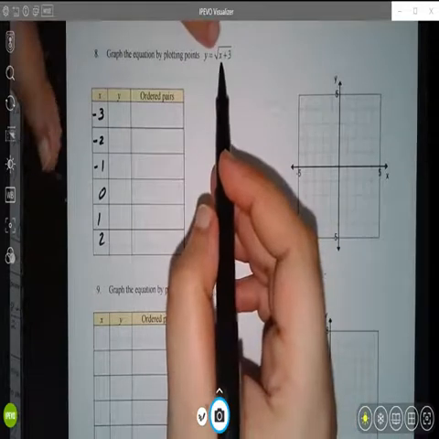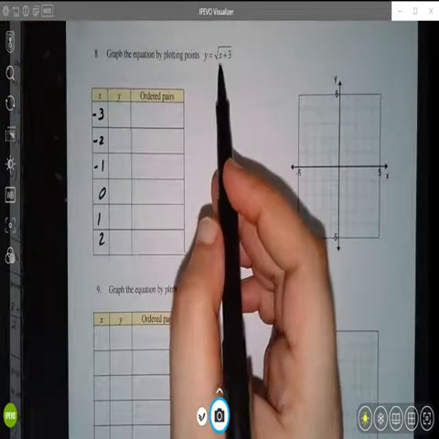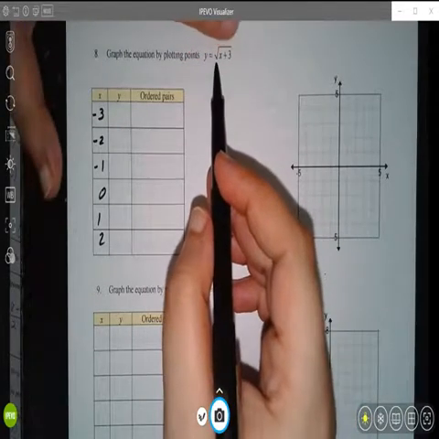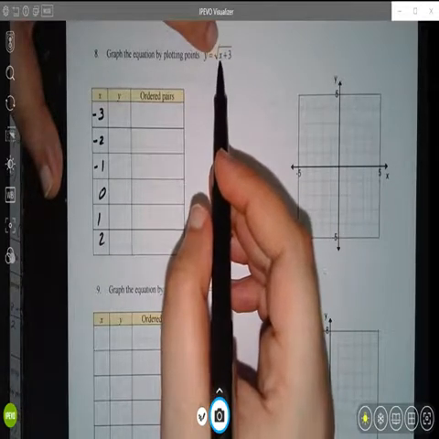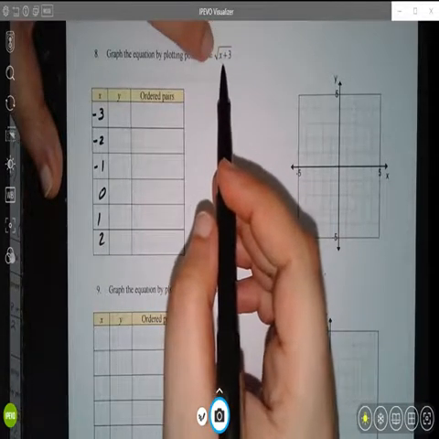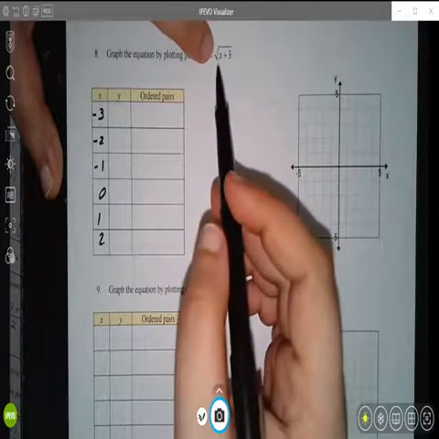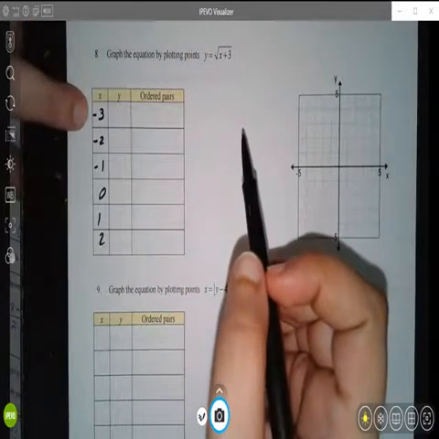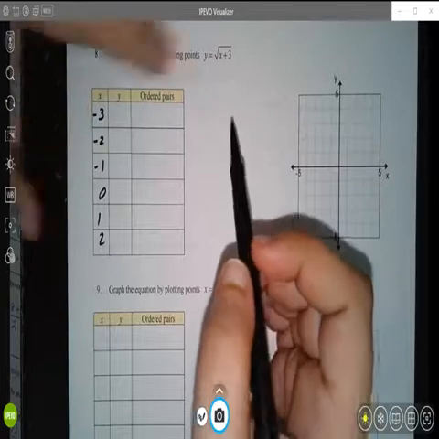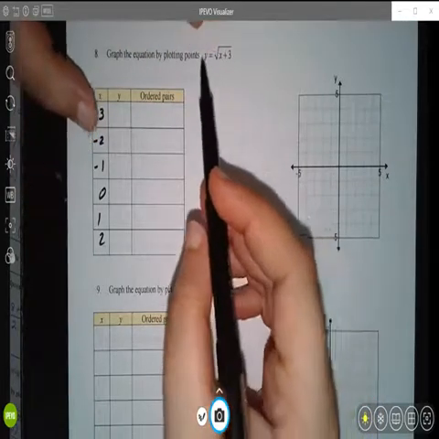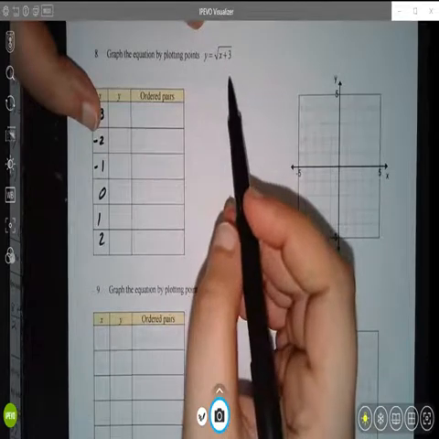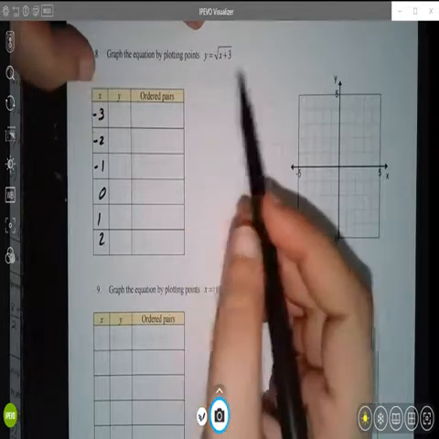Just keep in mind that whenever using an x value to plot in a radical function like this one, make sure to choose values that don't turn the inside of the root negative. So don't choose a negative number bigger than 3. In that case, for example, -4, it would be -4 plus 3, which is -1, and you're going to end up with a negative underneath the root. Does that make sense? So avoid that.